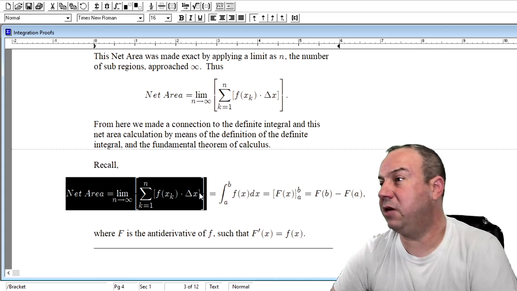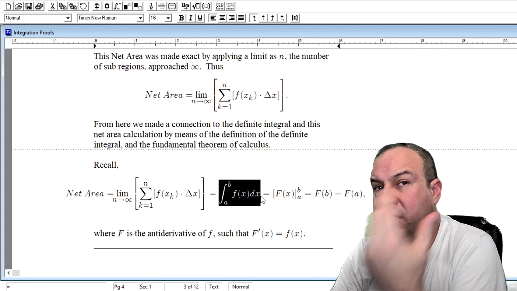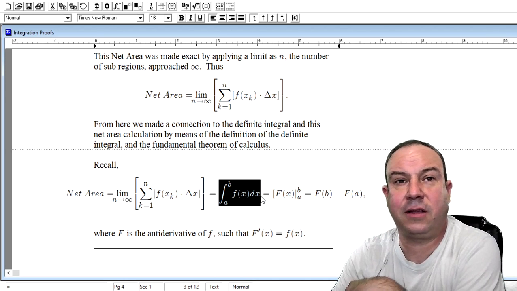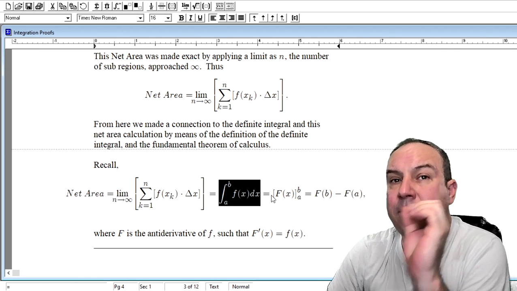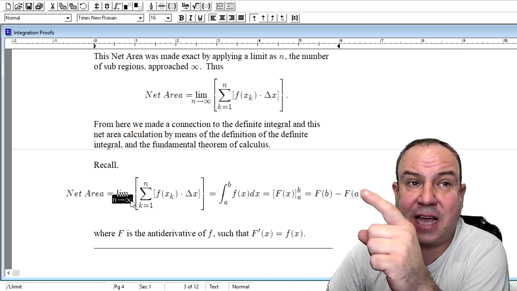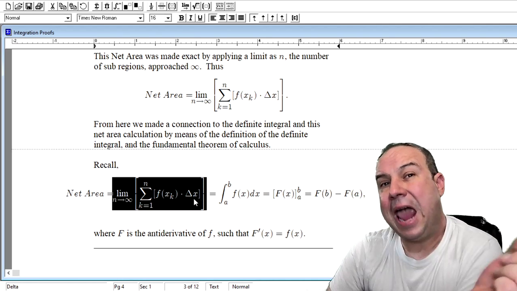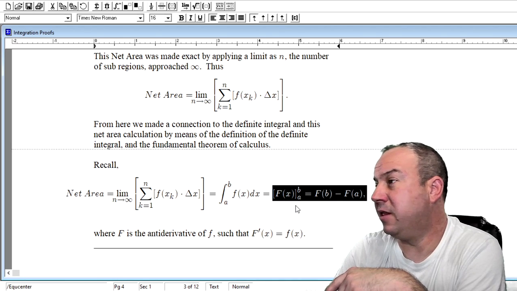Net area, which is equal to the summation, is equivalent to the integral from a to b, the definite integral calculation from a to b for function f of x dx, where from the fundamental theorem of calculus part 1, we make connection back to this idea. And in part 2, we make connection to this idea seen here.